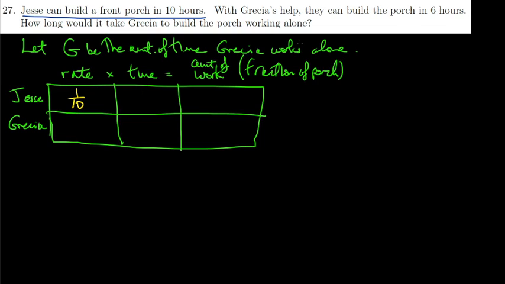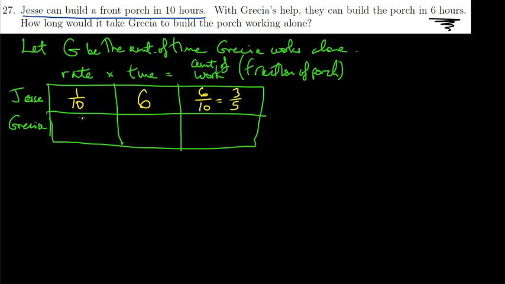Sorry, we do know the amount of time they work together. That's the 6 hours up here. So they both work together for 6 hours. The amount of work that Jesse does is 6/10, or 3/5.